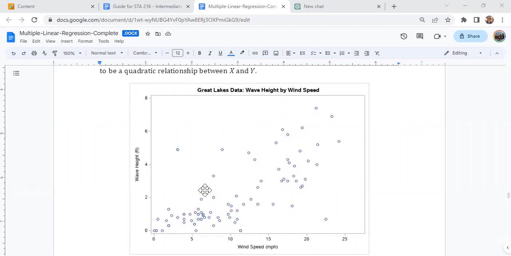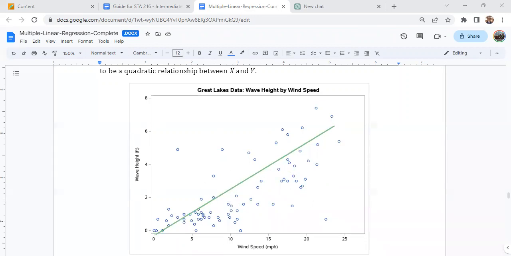Looking at the relationship between wind speed and wave heights, for example, it's not super clear that this is a straight line relationship. Sure, a straight line fits this pretty well, that's not bad.